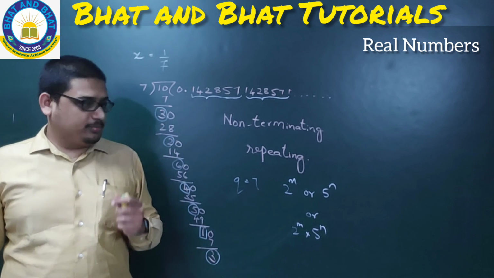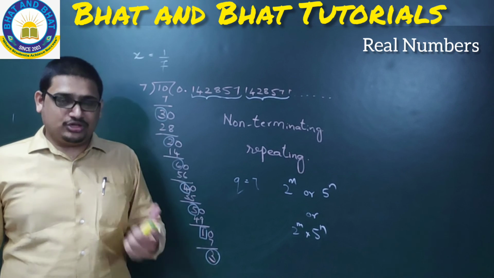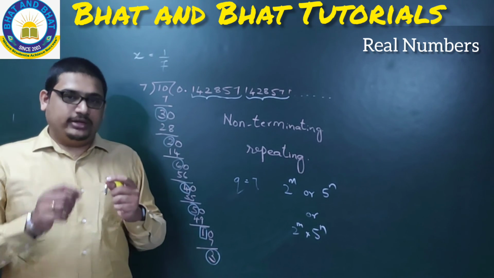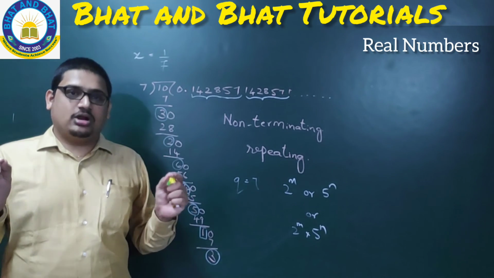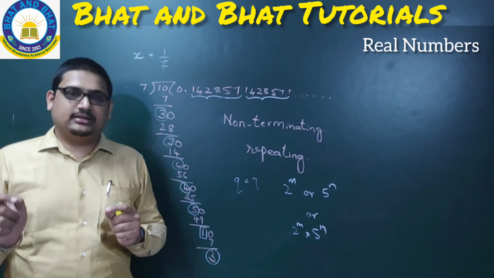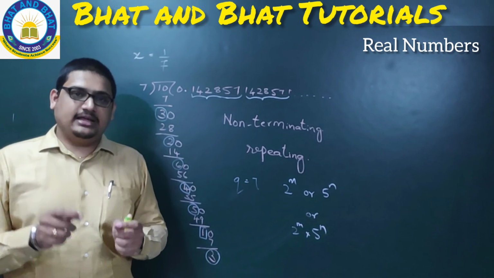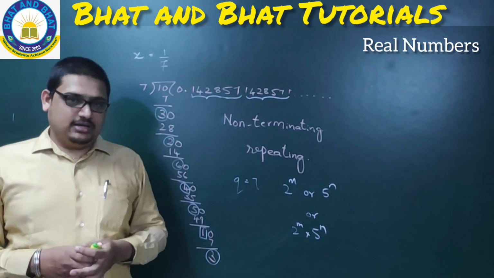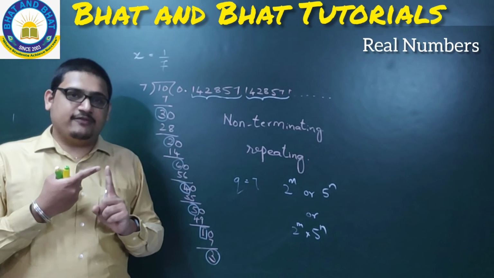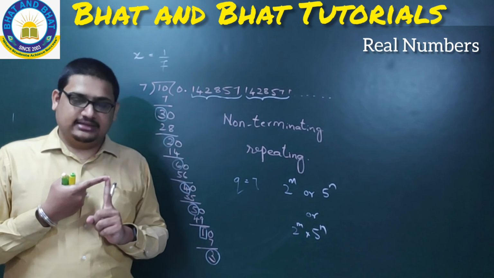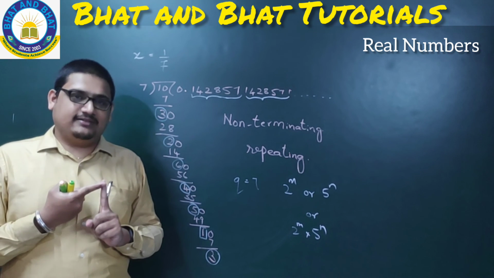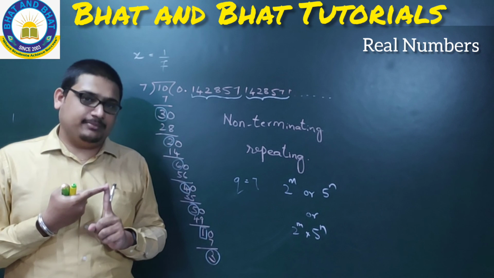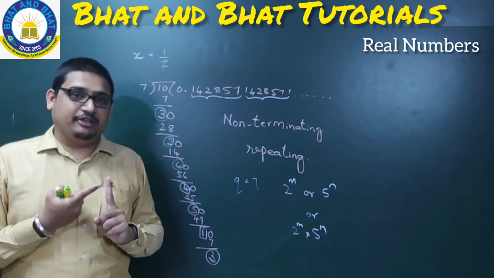Yes, students, I hope this is clear to you. The question in your board exam will come like this. Without performing actual long division, determine whether the given fraction is terminating or non-terminating, repeating. So what is the procedure? The first step is to do the prime factorization of the denominator, that is q. Once the prime factorization of the denominator is done, express it in power form. What is power form?